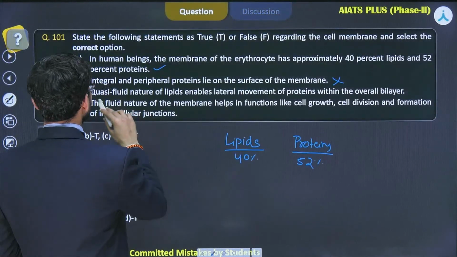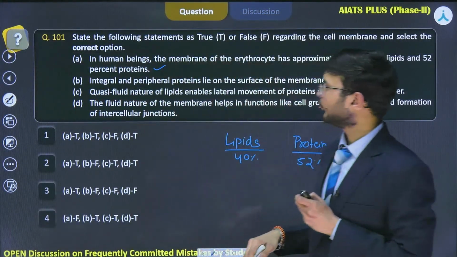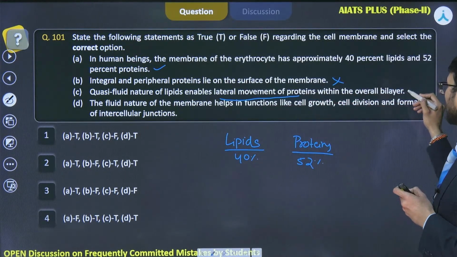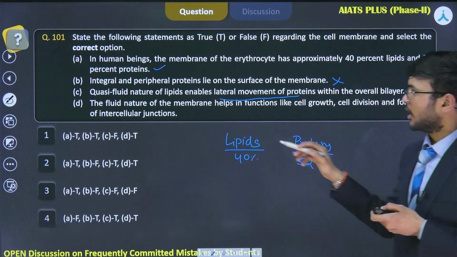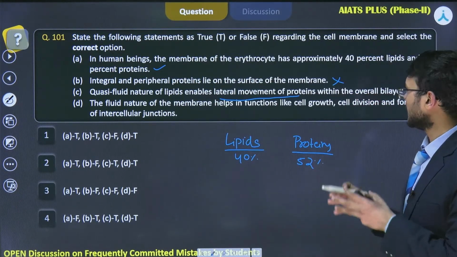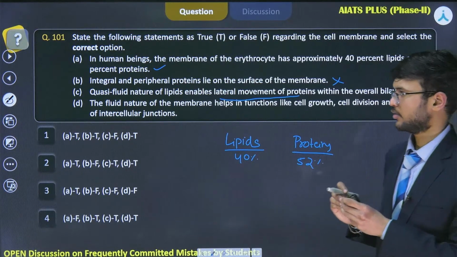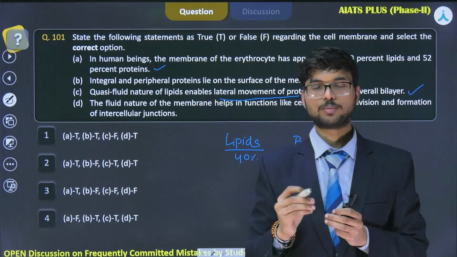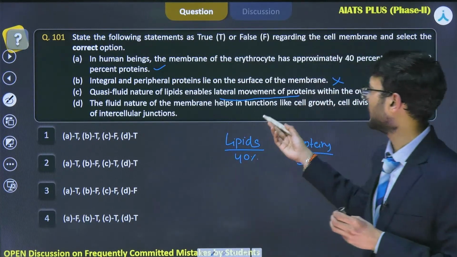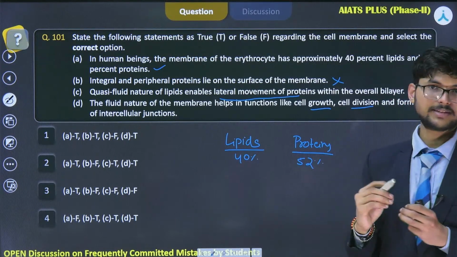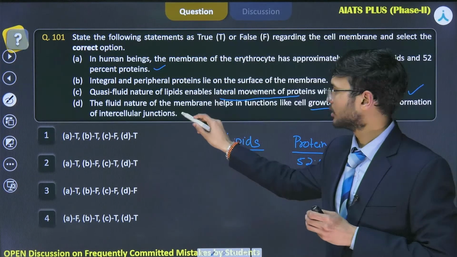Option C says that the quasi-fluid nature of lipids enables lateral movement of proteins within the overall bilayer, which is true. The fourth option says the fluid nature of the membrane helps in functions like cell growth, cell division and formation of intercellular junctions. Yes, this is also true.